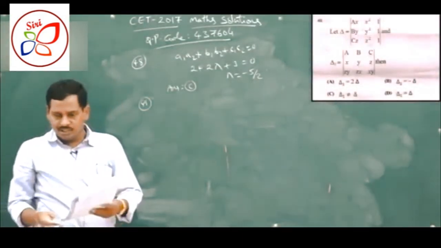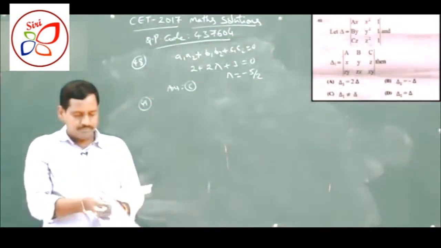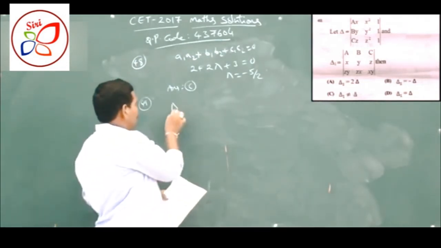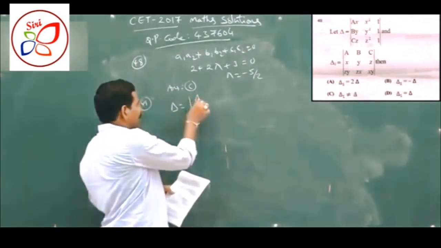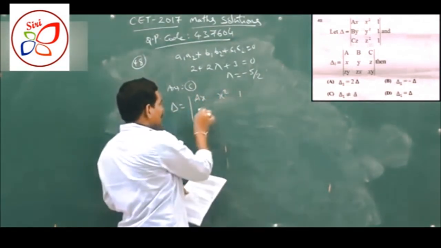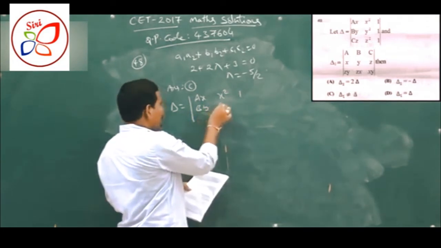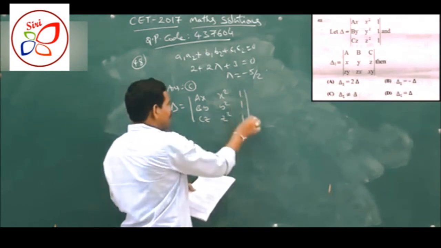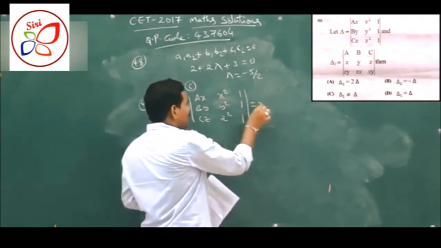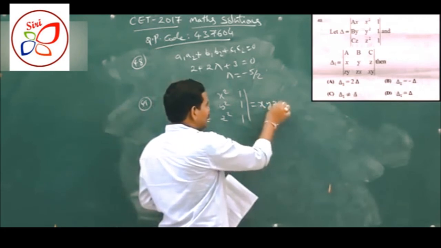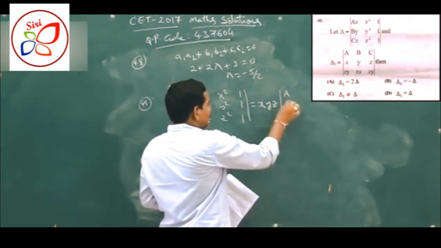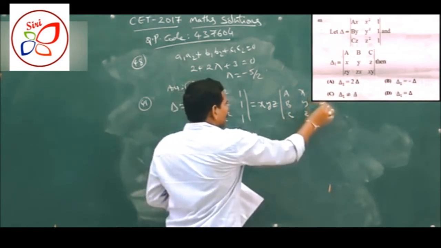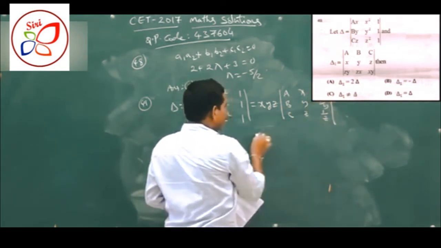Now the 49th question. Delta is given, its value is a, x, x square, 1 by y square, 1, c, z, z square, 1. From the first row take x common, from the second y, third z, resulting in abc xyz, 1 by x, 1 by y, 1 by z.